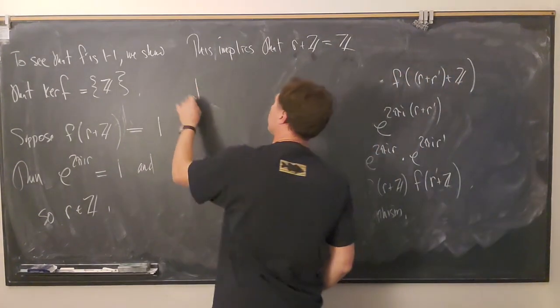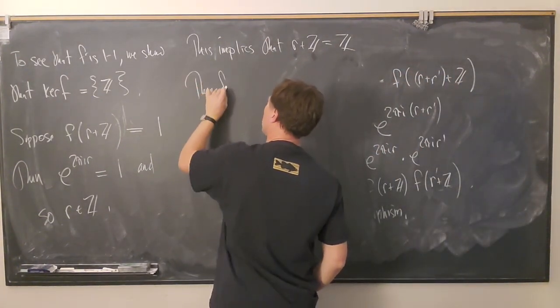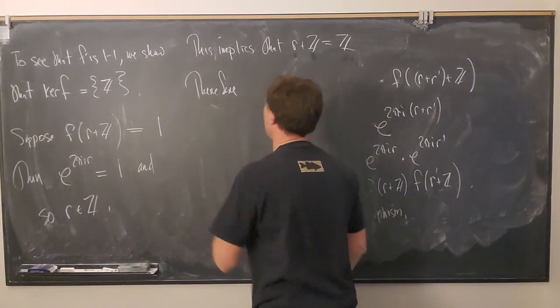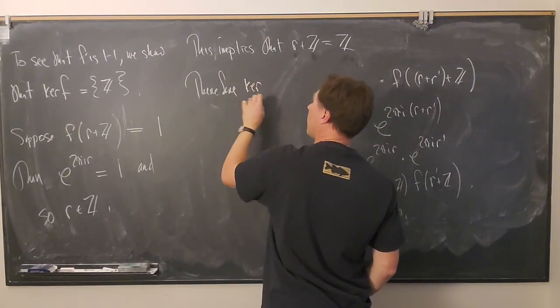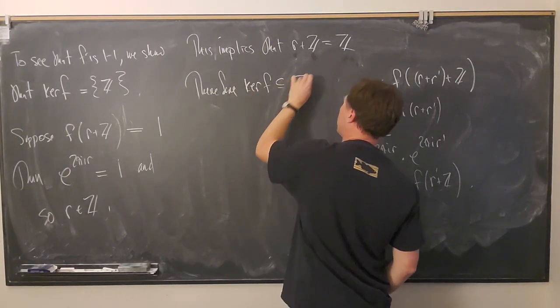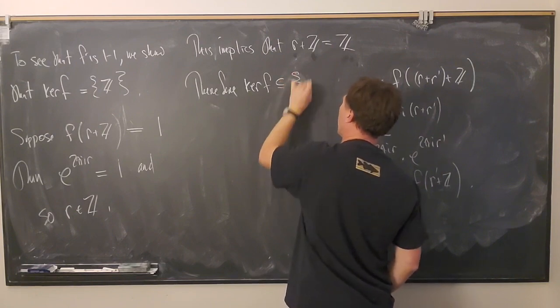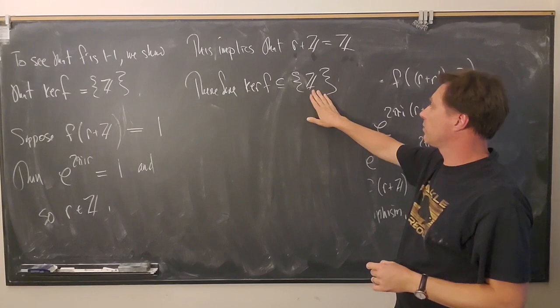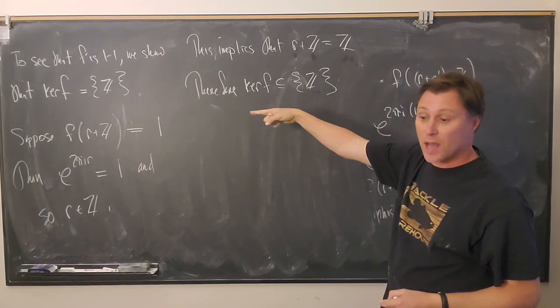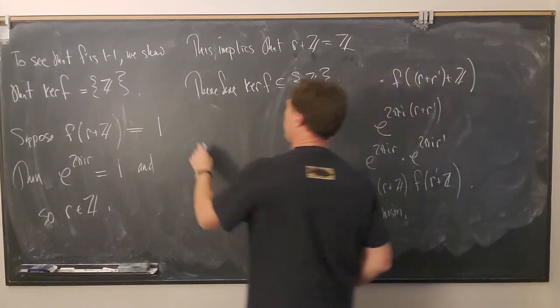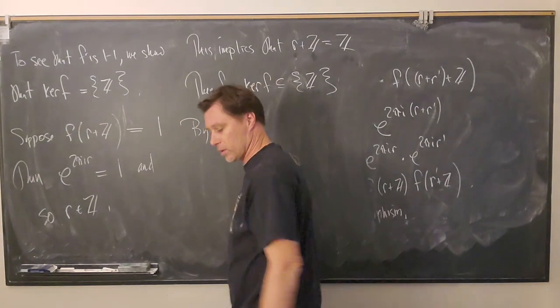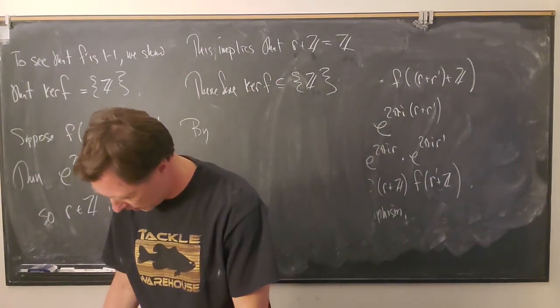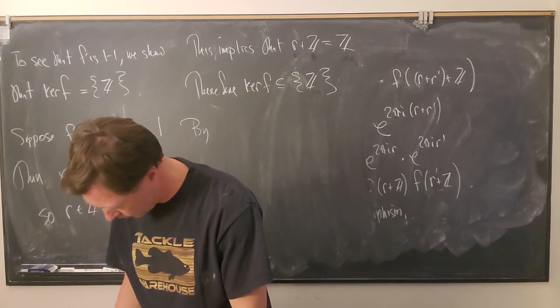Therefore, the kernel of F is contained in the set consisting of just the coset Z. The opposite direction is automatically true. Okay, so by, I don't remember the theorem number, but I want to say it was 14 point something.